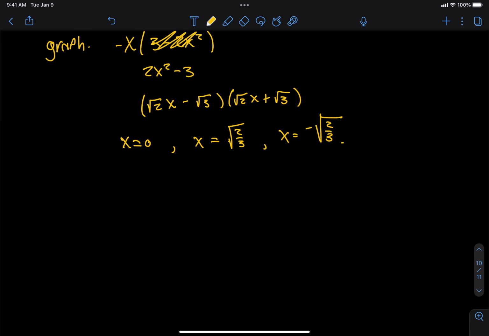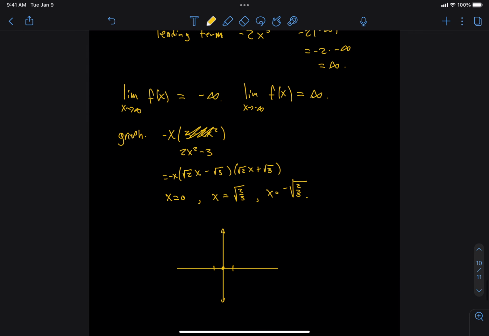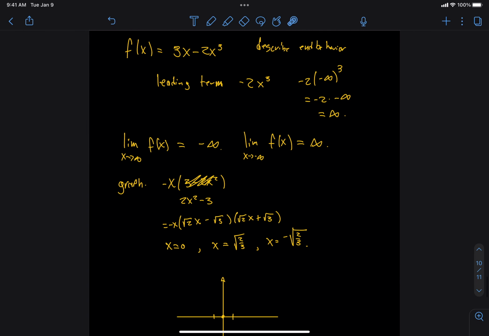If we get those as our zeros, let's draw a picture. We need 0, negative square root of 2/3, and then positive square root of 2/3. And then the end behavior comes into play as well. And also the y-intercept. What's the y-intercept?